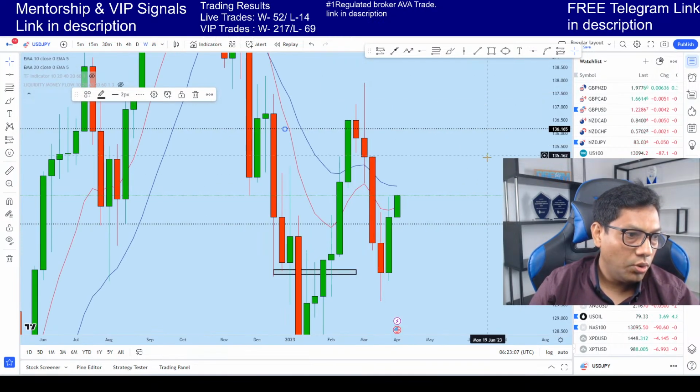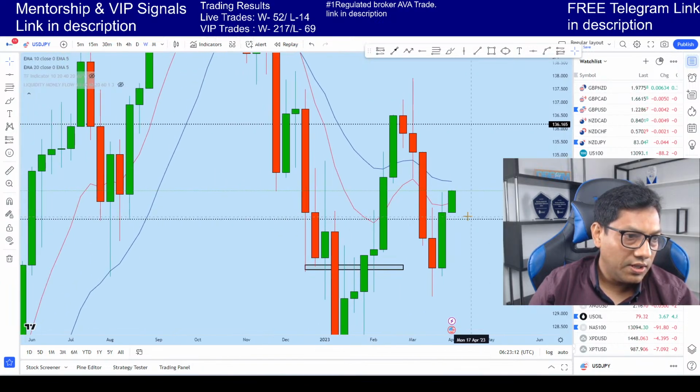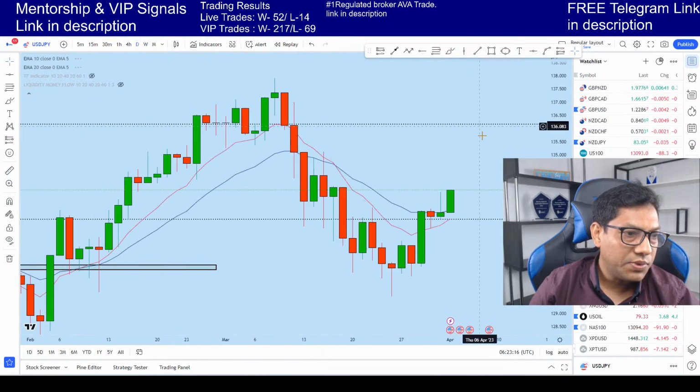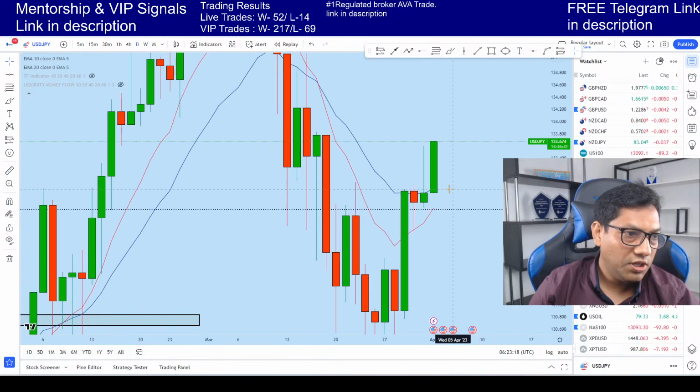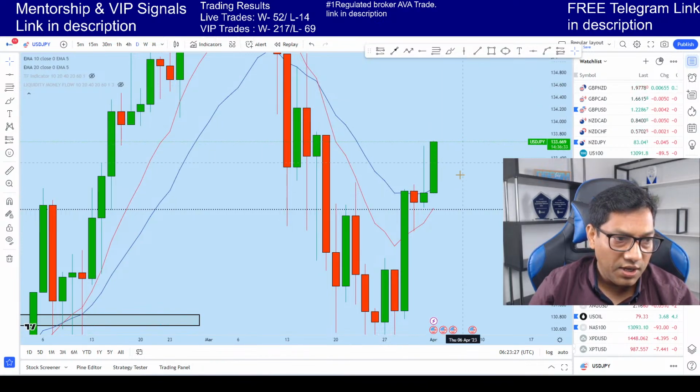Looking at the weekly, we can see that there's a big bullish engulfing candle this week, and the price so far is showing a straight jump to the upside. From the daily, there is a doji. We see the market is now going up. Now the question is, should we buy from here? For me, I need a little pullback to the downside.